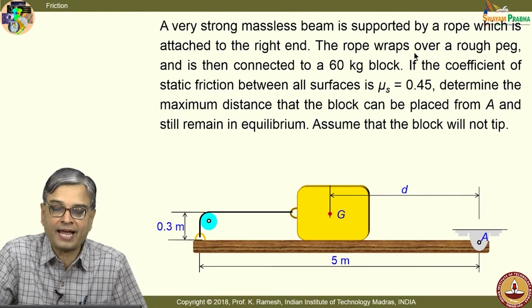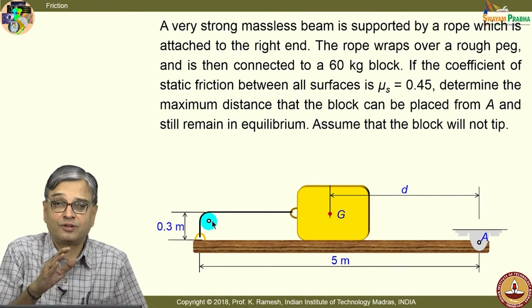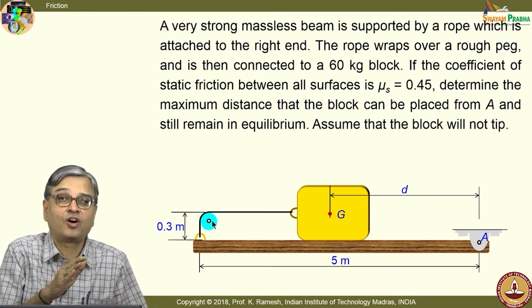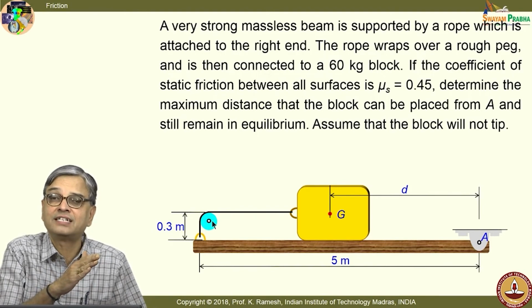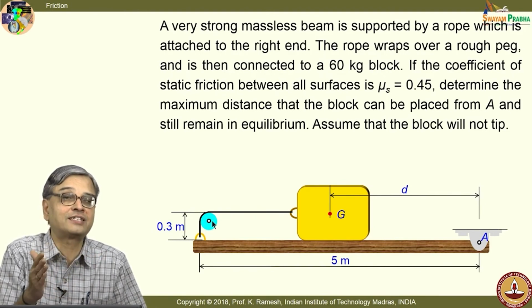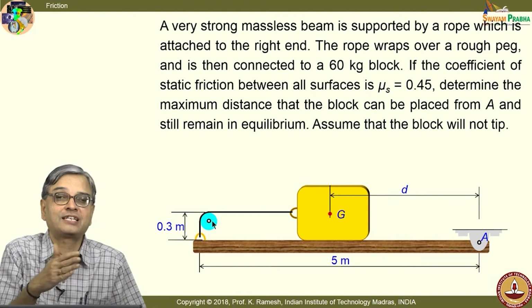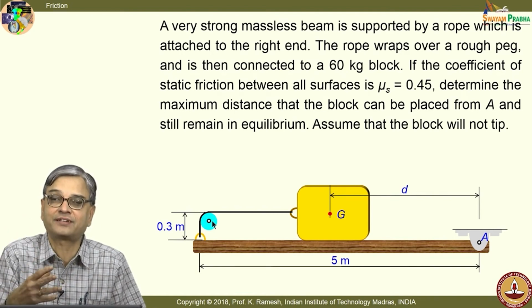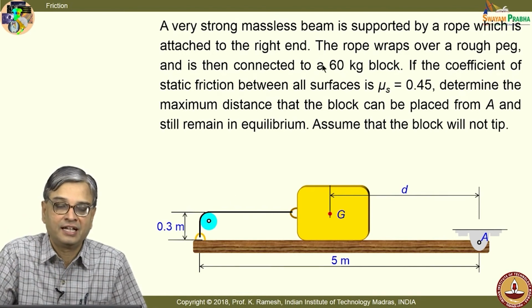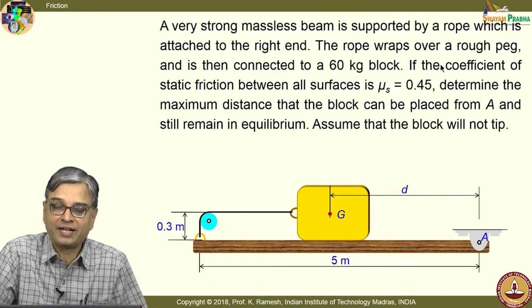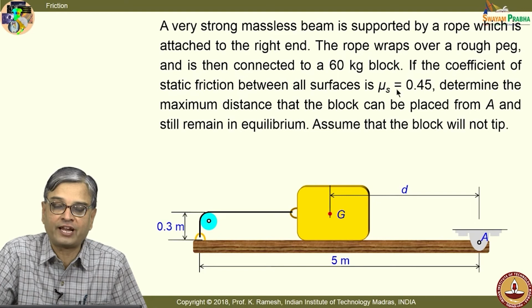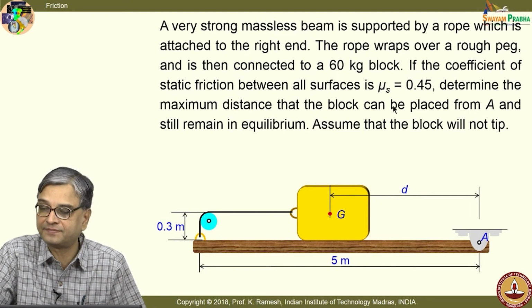The rope wraps over a rough peg. You have to notice the language. All along we have said that it is frictionless peg, frictionless pulley. Now we are bringing in friction. And to make our life simple, the friction is taken as 0.45 at all surfaces.